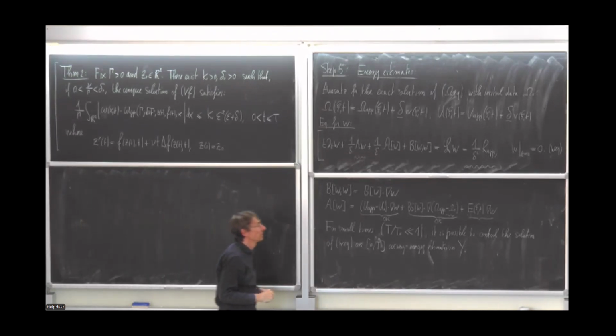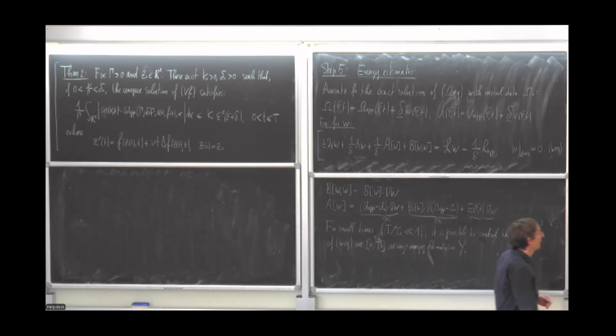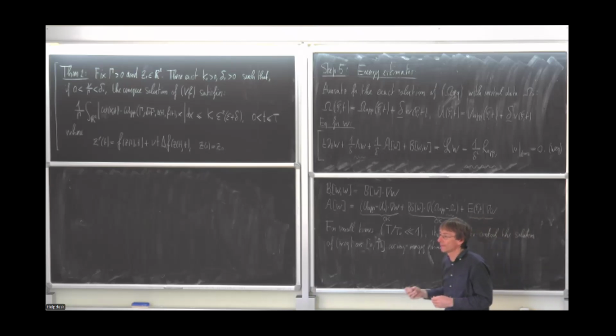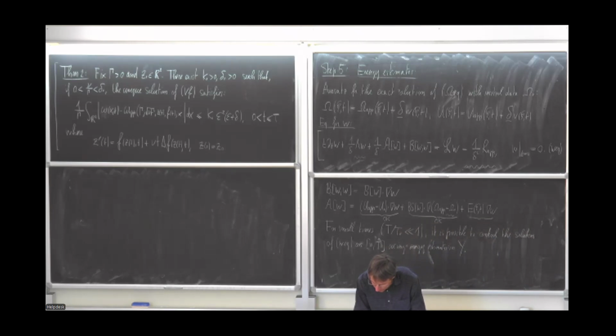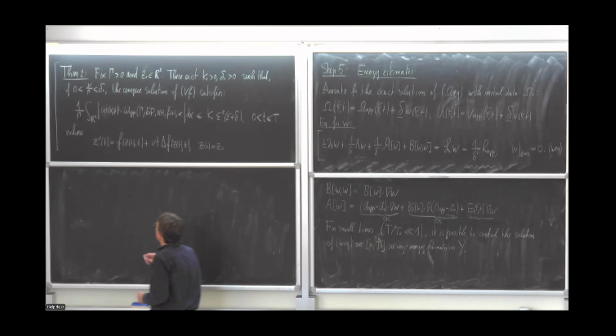A priori, it's good because you think it would be not too bad in the sense that the E starts with E2 and E2 has epsilon squared in front. But it's not so easy because you obtain the following thing.